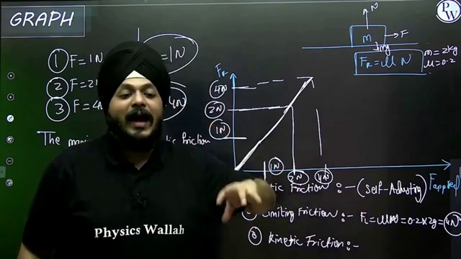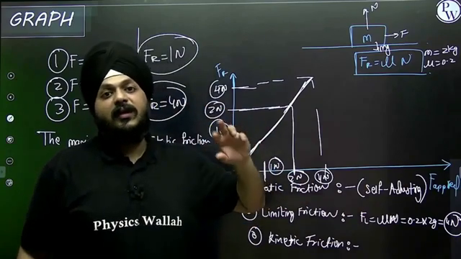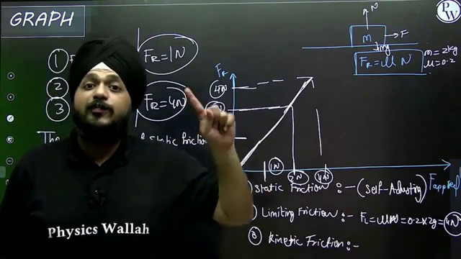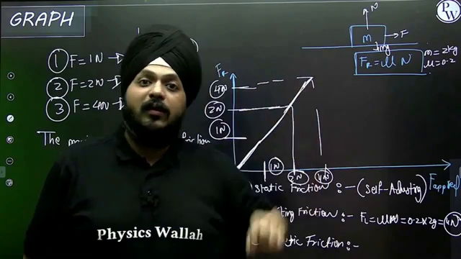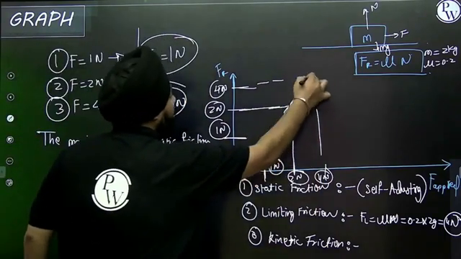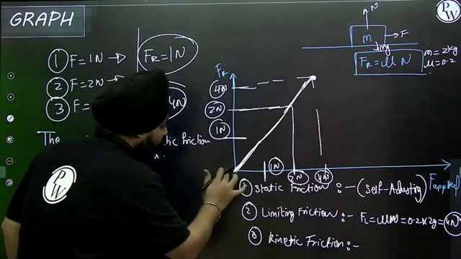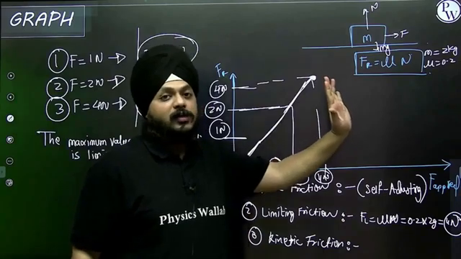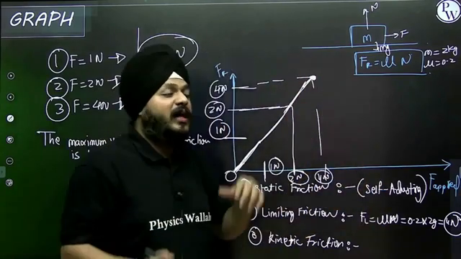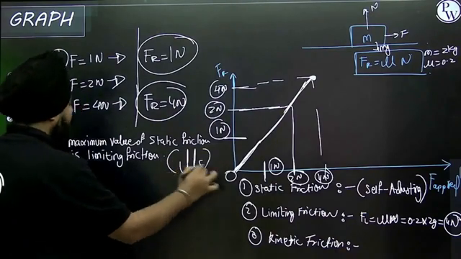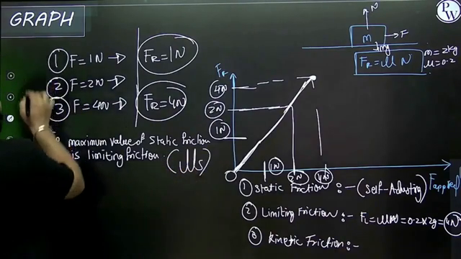It means the object is on the verge of moving. So from zero to the maximum value of the limiting friction, the object is stationary, and that's why we use mu s, known as the coefficient of static friction.